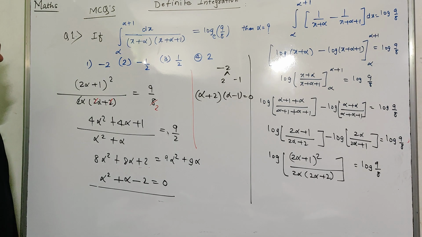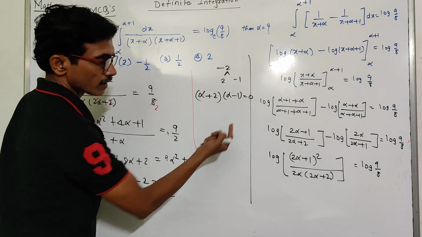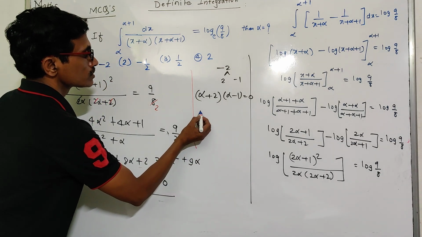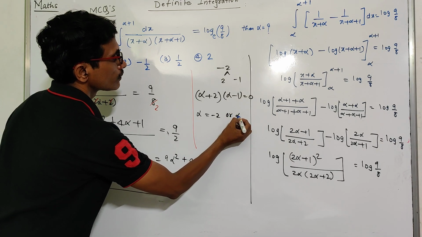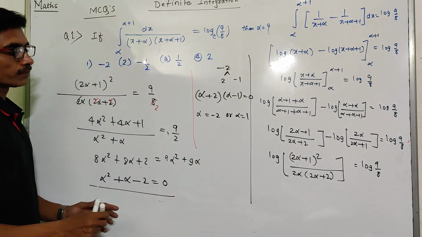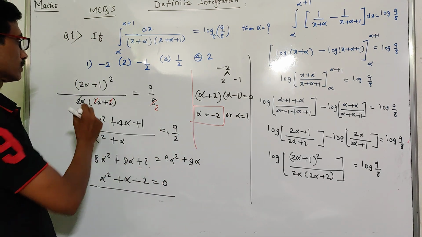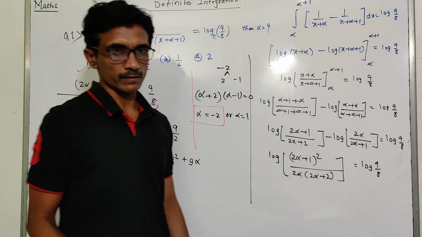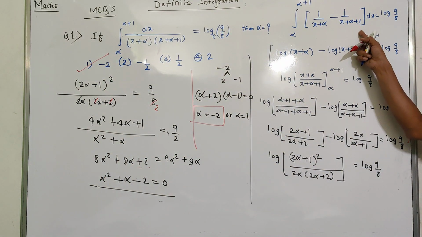Clearly alpha plus 2 is equal to 0 or alpha minus 1 is equal to 0, and that gives us alpha is equal to minus 2 or alpha is equal to 1. So our applicable answer is alpha is equal to minus 2, and this is the correct option. Here we used the partial fractions method.